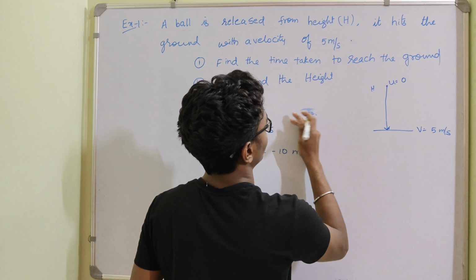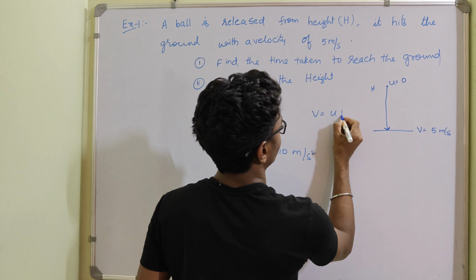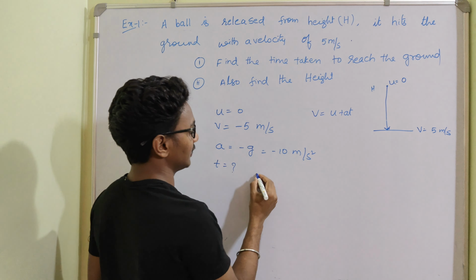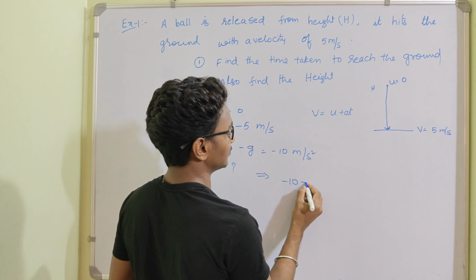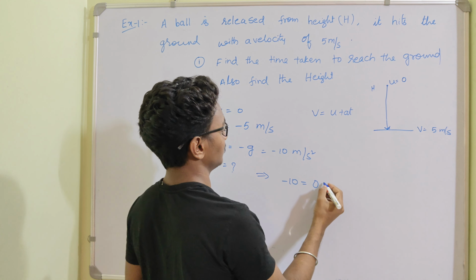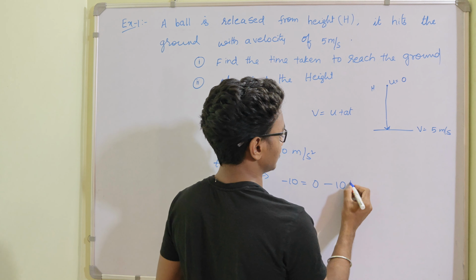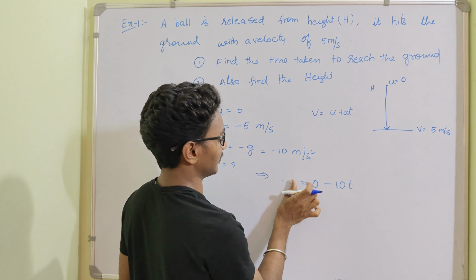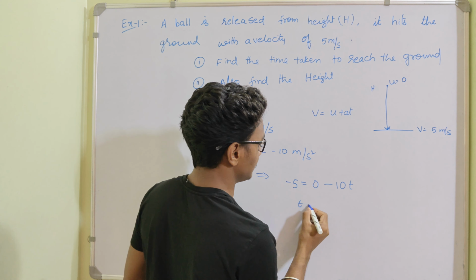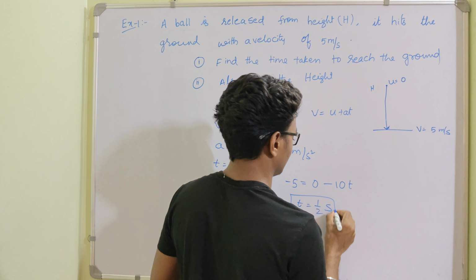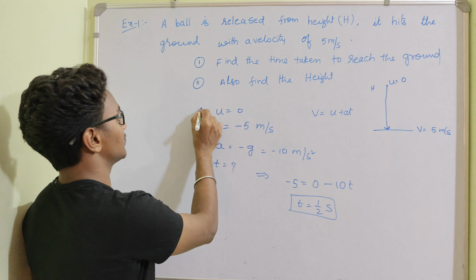Use this formula, v equals u plus at. Substitute that. u is 0, a is minus 10 times t, v is minus 5. Then t is half seconds. Time is half seconds. This is the first part of the question.